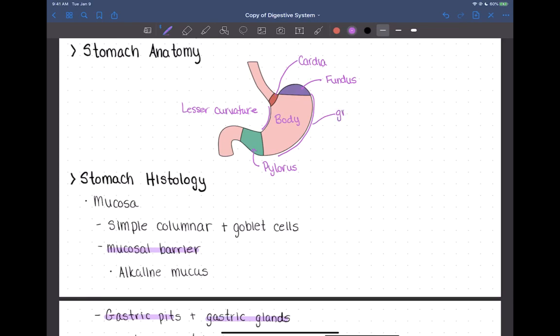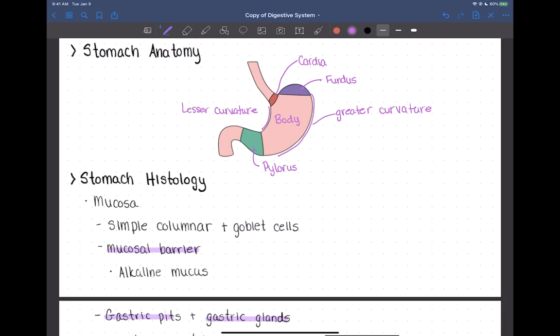The greater curvature is important because that is where the greater omentum attaches. It attaches to the greater curvature of the stomach and folds over the front of the abdomen and then loops back up and attaches to the transverse colon.